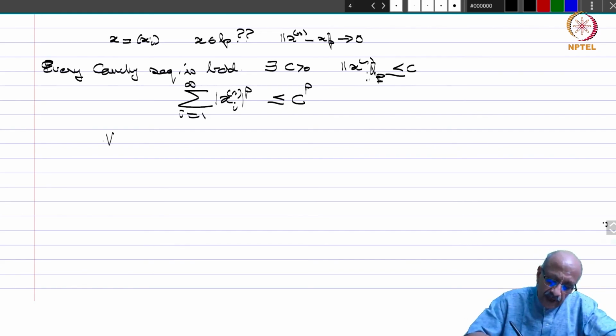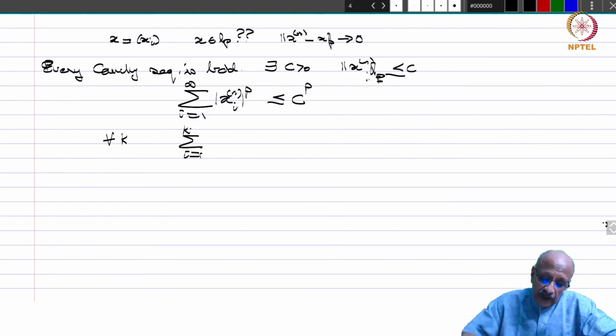Therefore, for every k, we are going to use the k trick once more. For every k, you have the sum from i equals 1 to k of |x_n^i|^p less than or equal to C^p, because this is smaller than this. But now you can allow n to tend to infinity.